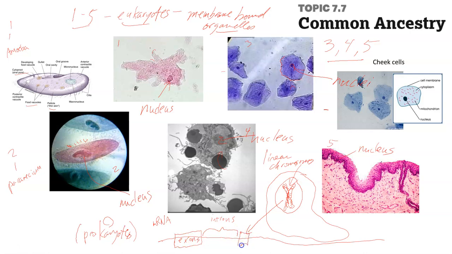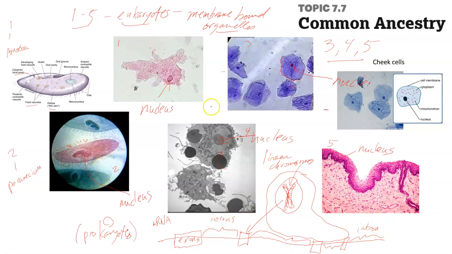So, eukaryotic organisms all share this in common, the fact that they have introns that get removed. This is not necessarily the same with prokaryotic organisms, but it's just interesting to note. I thought it was something I wanted to mention here, so that maybe when I come back to it later, you will remember that we use this kind of as a way to know that all eukaryotes are related, right?